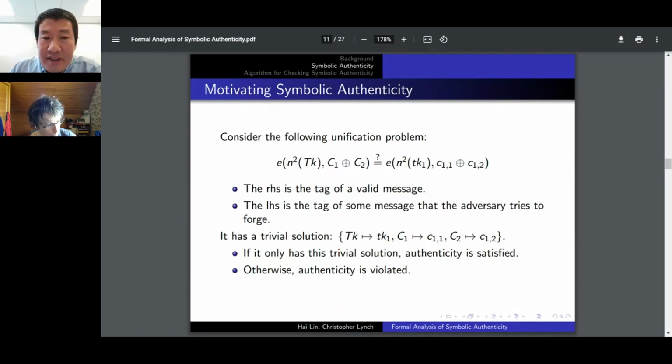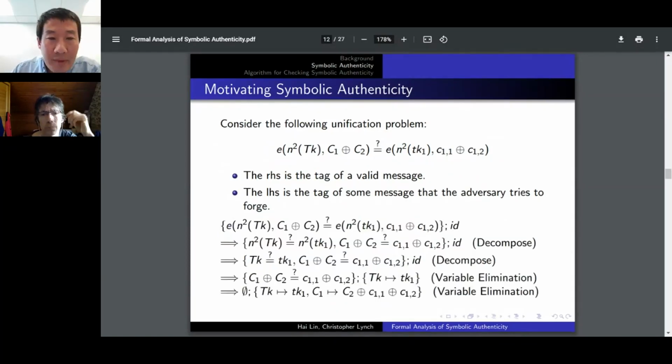So we solve this unification problem, and we check if this trivial solution is the only solution to this unification problem. If that's the case, then authenticity is satisfied. Otherwise, authenticity is violated. So that's the key idea behind symbolic authenticity.